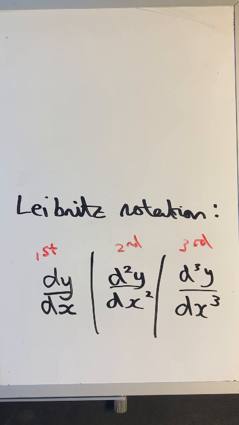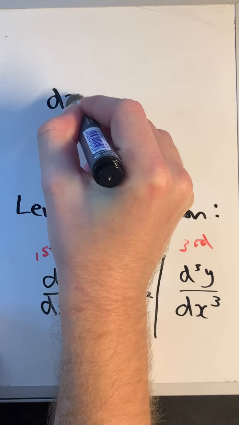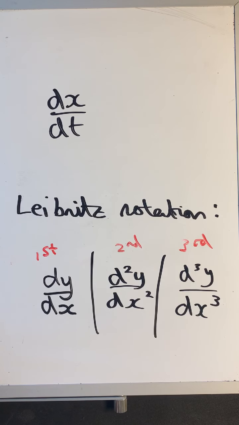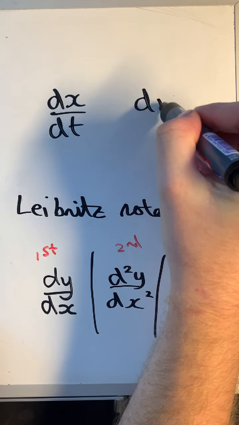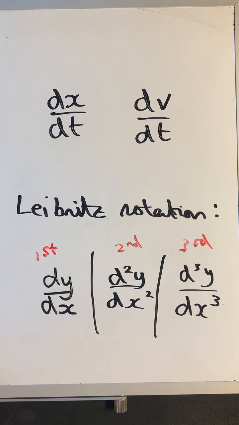Quite often you see, for example, velocity written down as dx/dt, so how distance changes with time, and for acceleration you will also see dv/dt. So this is how velocity changes with time.